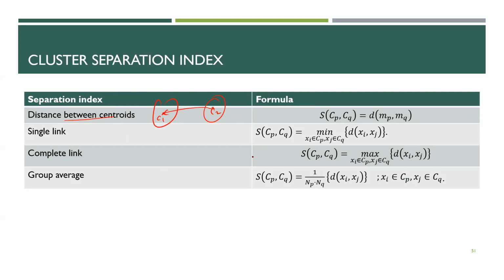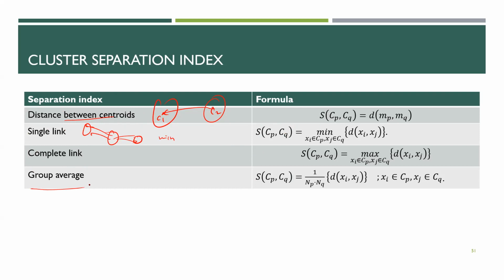They calculate between each cluster, for example clusters 1, 2, 3, the pairwise distance between data in each cluster, and take the minimum one. Complete link is the same as single link, but it takes the maximum.